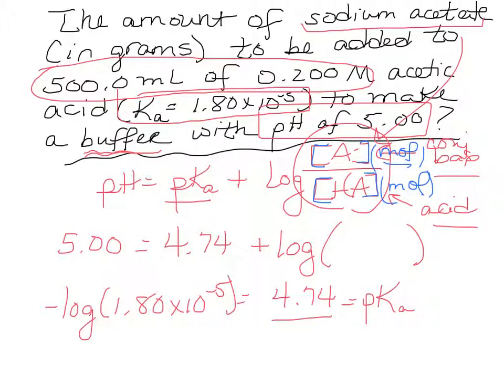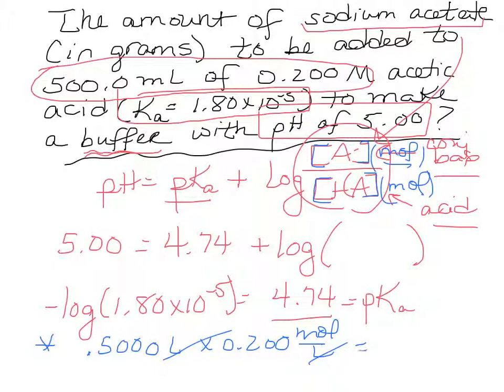And so what is, I'll work this out down here, 0.5 liters times 0.2 molarity, or moles per liter. And so that means that I have 0.100 moles of acetic acid, which happens to have a formula of, we usually put the H in the front, so I don't confuse people.